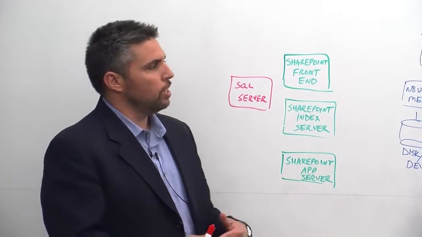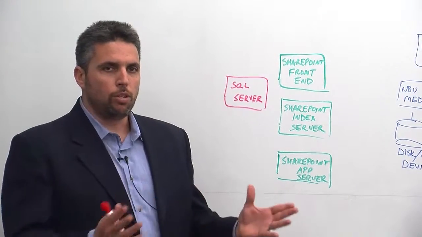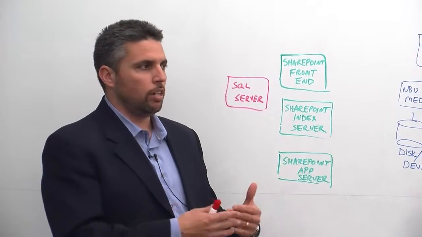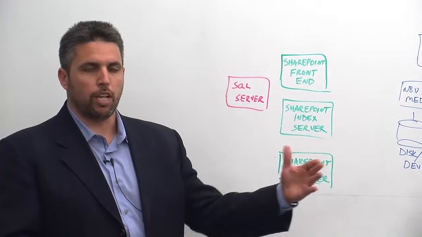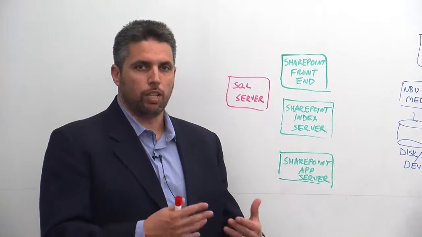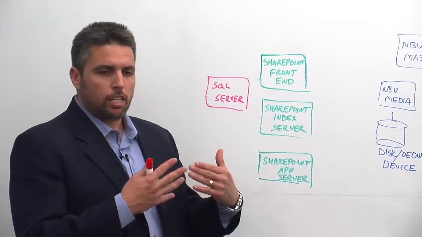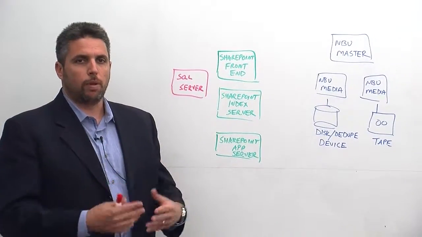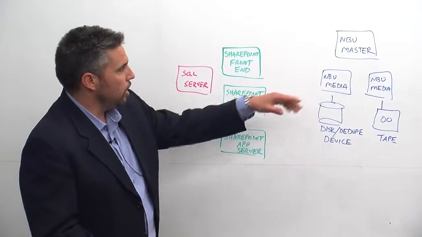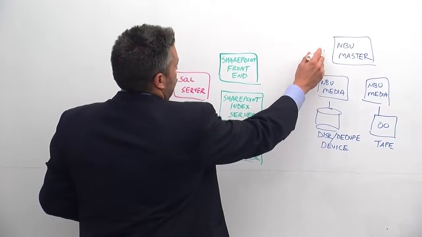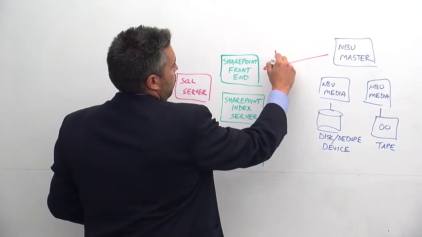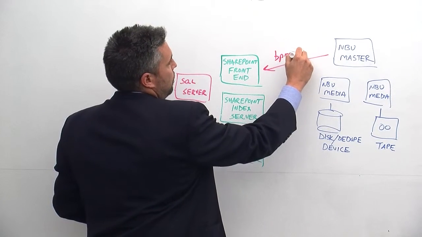As I already mentioned, NetBackup provides version support, all the way from 2007 to the latest functionalities of 2013. As part of the backup process, NetBackup issues a command called BP Resolver. The NetBackup server communicates directly through the front-end server and runs a BP Resolver.